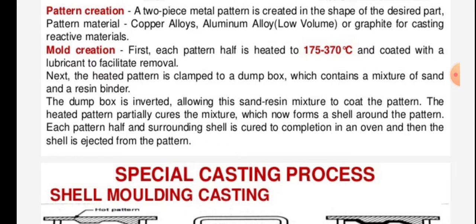Mold creation. First, each pattern half is heated to 175 to 370 degrees Celsius and coated with a lubricant to facilitate removal. Next, the heated pattern is clamped to a dump box which contains a mixture of sand and a resin binder.